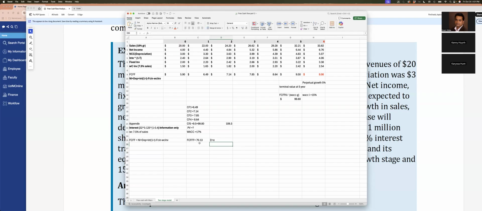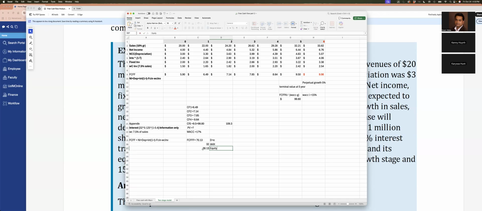So now how much debt do we have? 32 million, right? If you take the debt out, what is the equity value? 70.13 minus 32 million gives you 38.13 million. That is the value of equity.